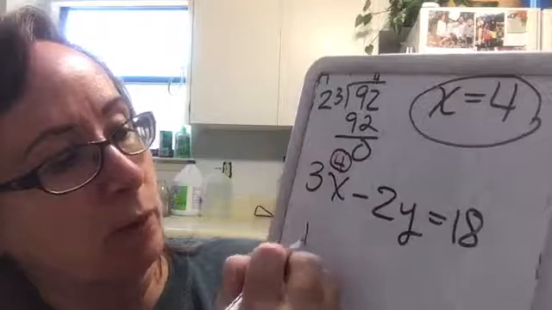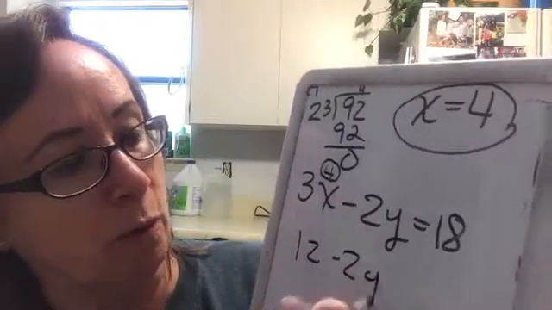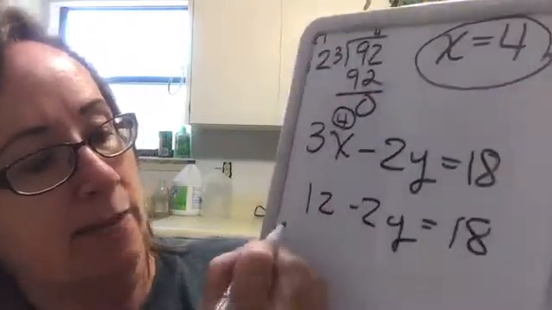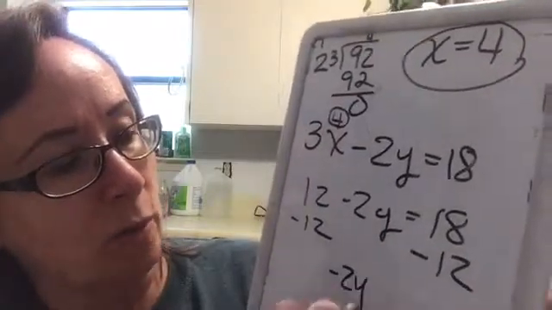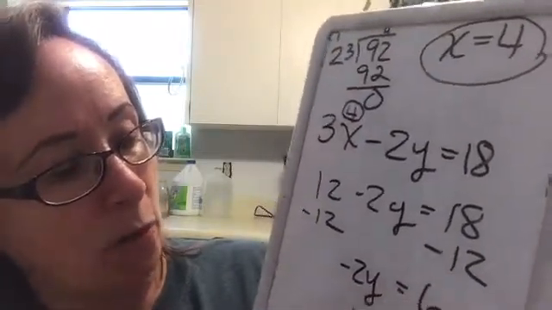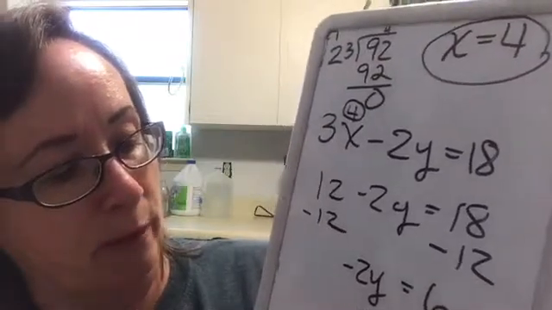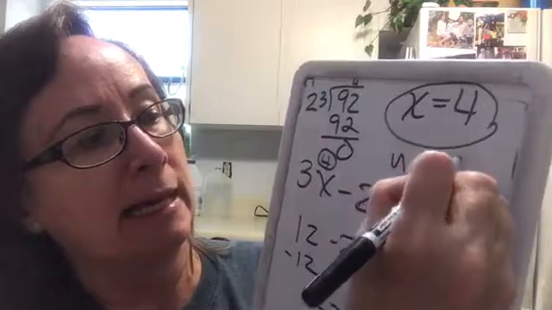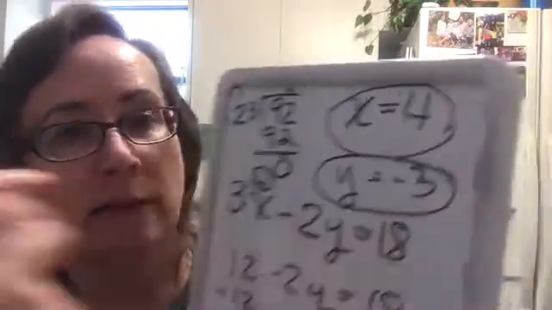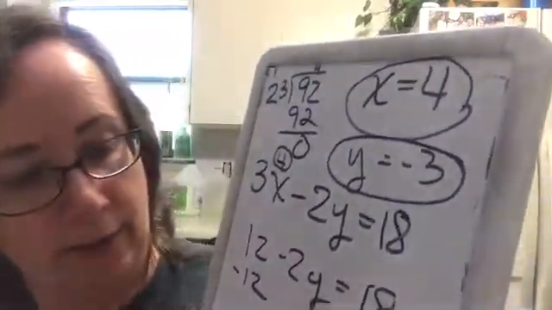So I wind up with 12 minus 2y is 18. If I take away 12 and take away 12, I get minus 2y is 6, or y is negative 3. Okay, so I'm going to put y is negative 3 up there. So I have my points here.